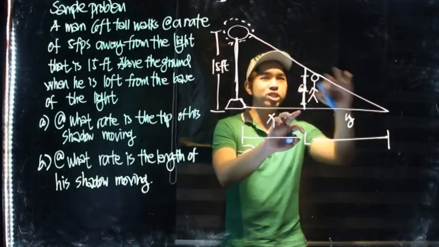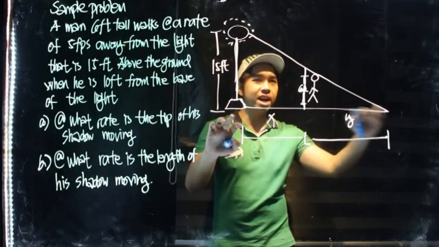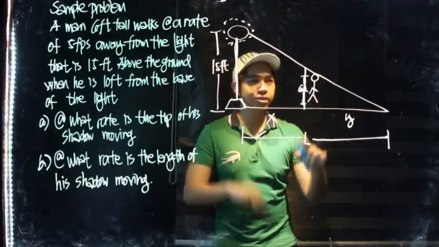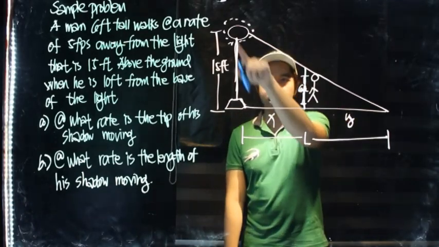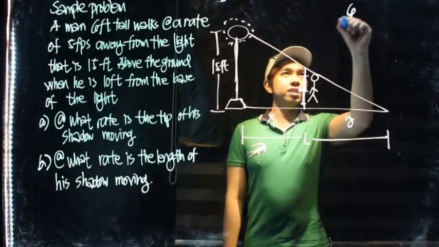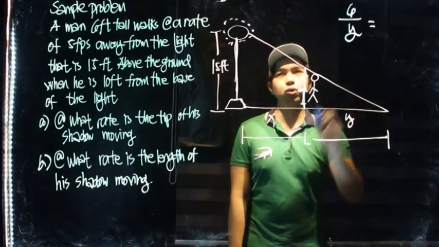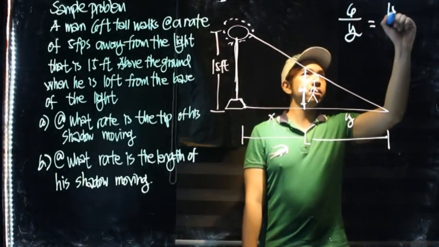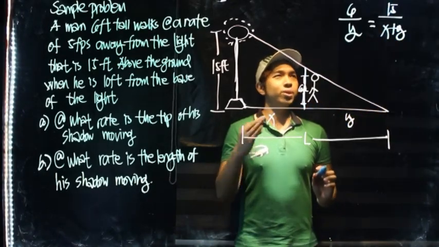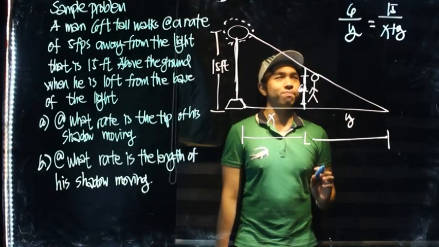So this would be one right triangle and this would be another right triangle, or that would be similar right triangles. So I'm going to relate these two, so that I'll have 6 is to y is equal to 15 is to x plus y. So that's the first step. So we need first to create our equation.